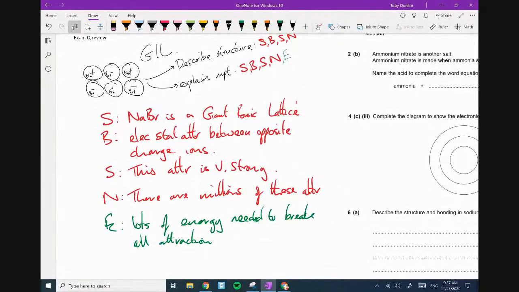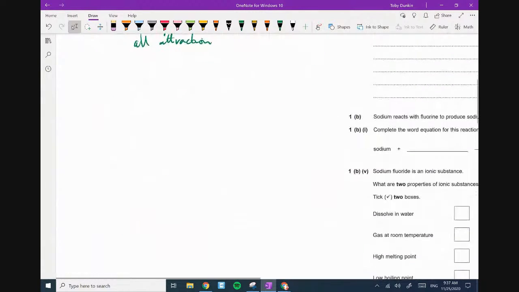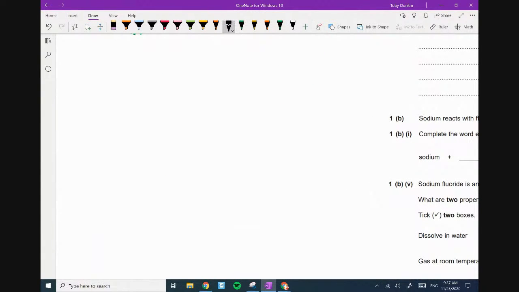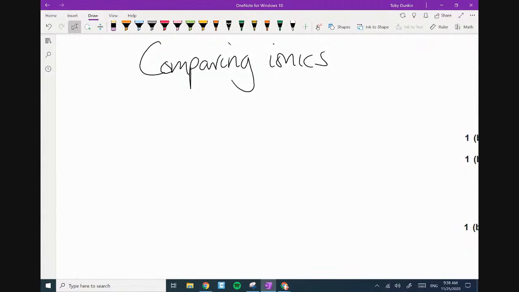But what we now need to do is compare ionic compounds. So let's now do a comparison. Let's do comparing ionics. Okay, so let's choose somebody.